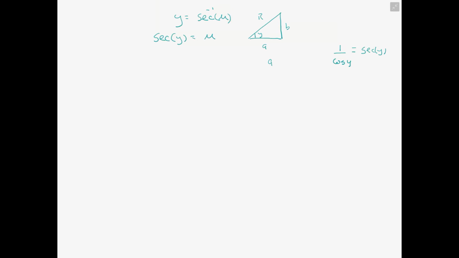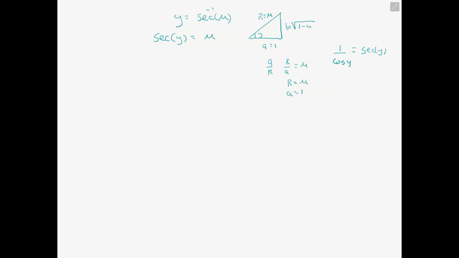The cosine of y would be, with sides a, b, and r, a over r. A over r is the cosine. So r over a is the secant, and that's equal to u.